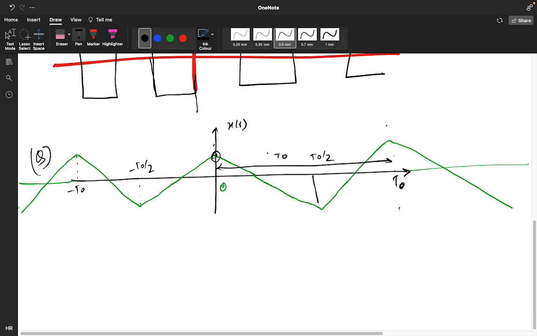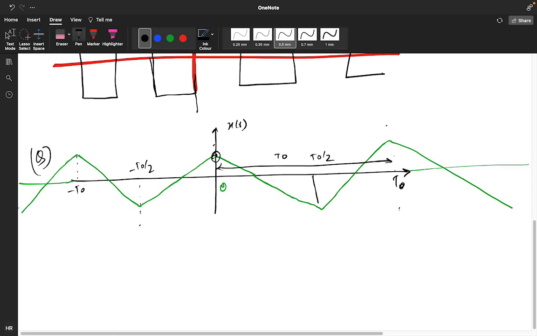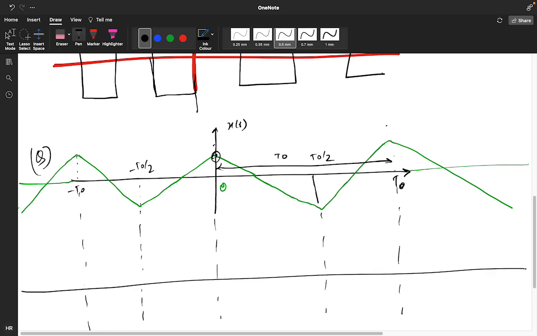What you have to check is the half wave symmetricity. What you will do, you will draw a new signal of x of t plus t naught by 2.